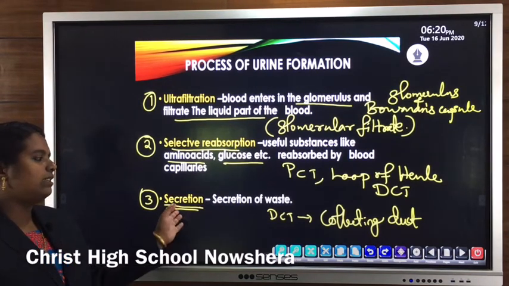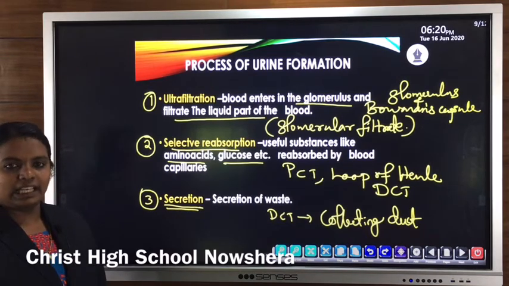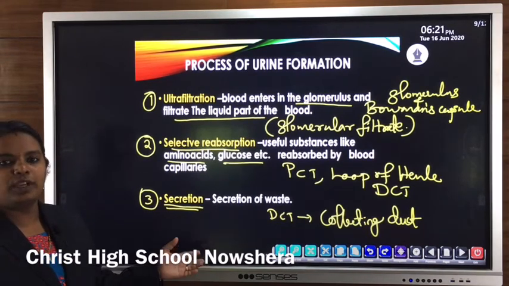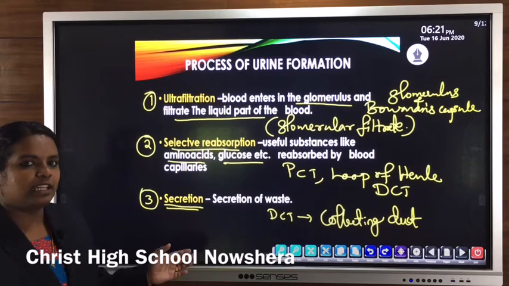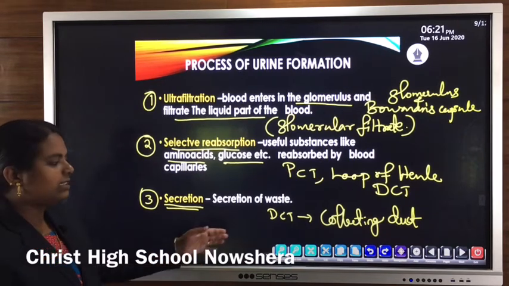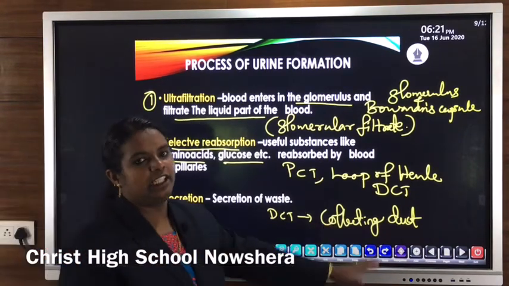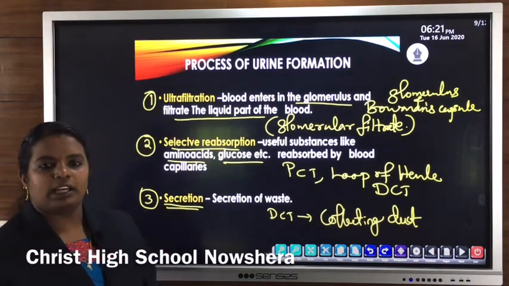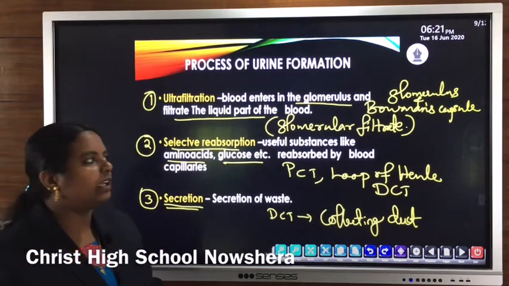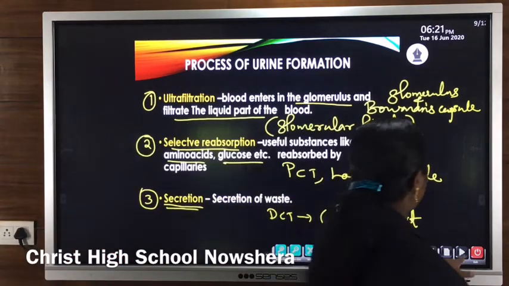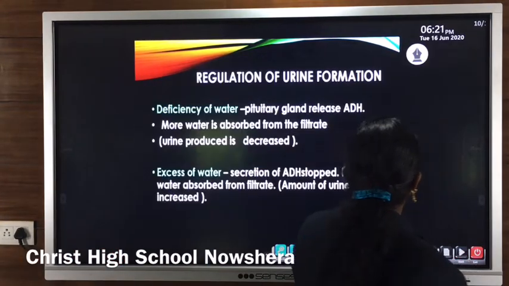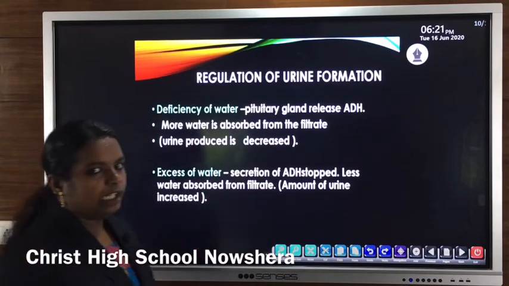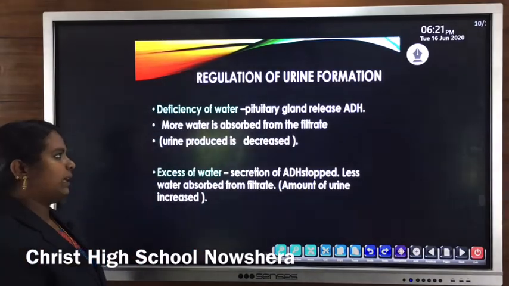Then the last stage is the secretion of waste material, creatinine, urea and such kinds of waste or toxic substances, which are secreted out and collected by the collecting duct. Then it moves to the ureter, then the urinary bladder, where it is stored, and from the urinary bladder at the time of excretion, the urine is excreted out through the urethra.